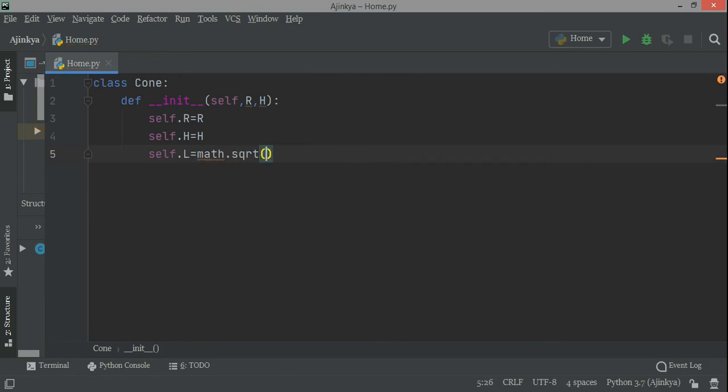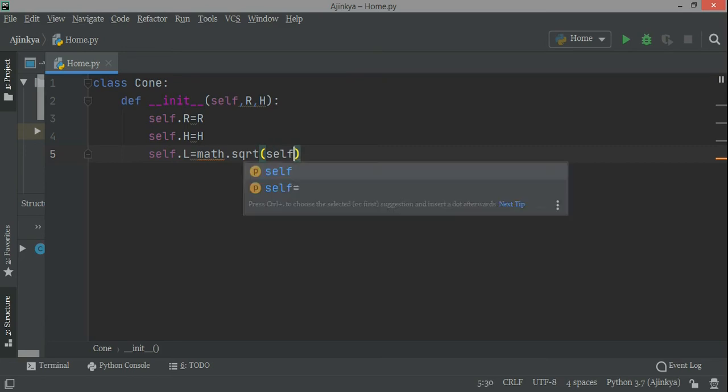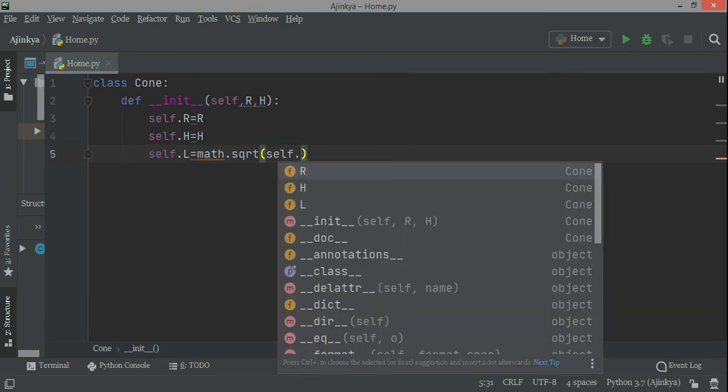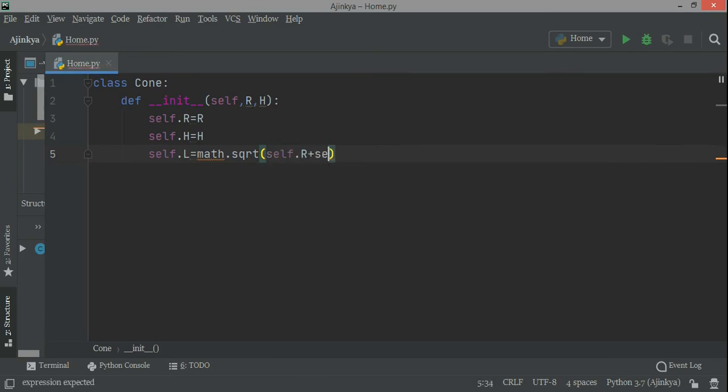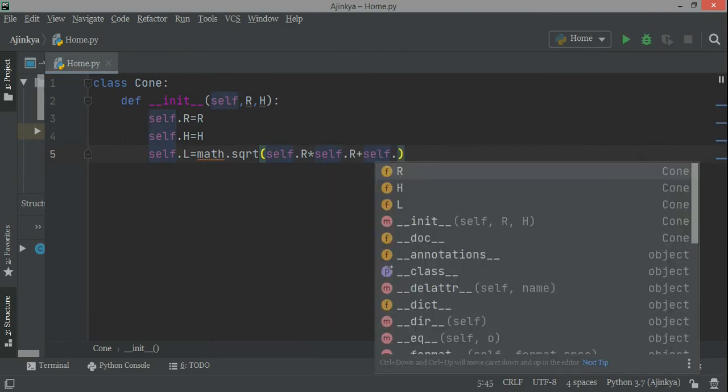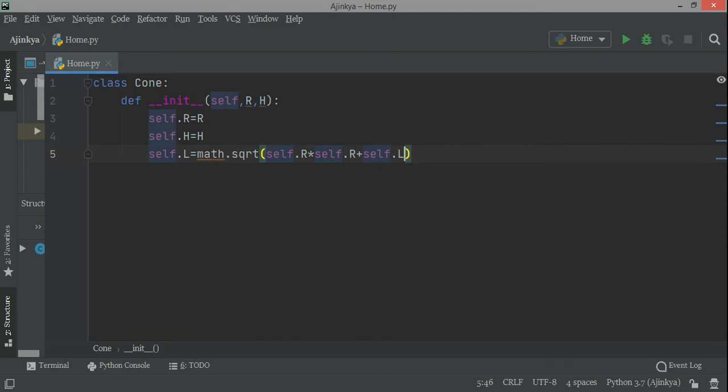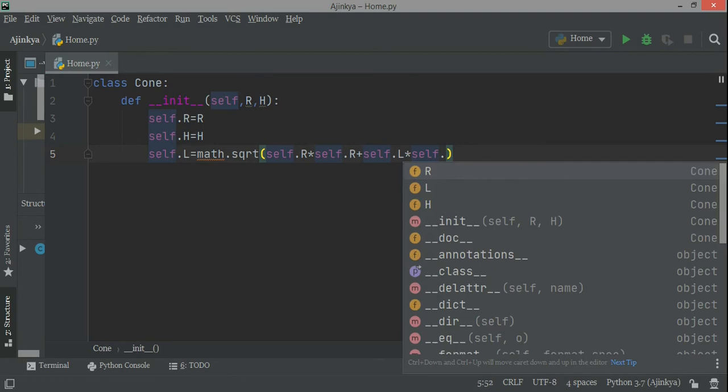We know that the slant height of the cone is the square root of r square plus h square. Using the same formula, I'm initializing one more variable called self.L. So I have self.H, self.R, and self.L. If required, we can add more variables to it.